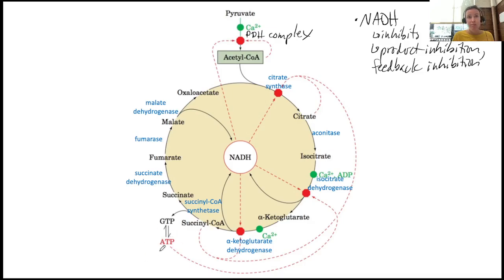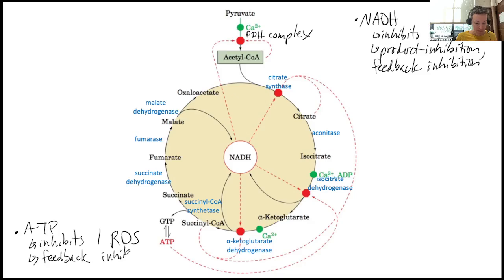What else are we seeing here, folks? We are seeing that ATP is an inhibitor. ATP is not a direct product, I should say, of the TCA. However, GTP is. ATP goes back and inhibits isocitrate dehydrogenase. It inhibits one of the rate-determining steps, and since it's not a product of that, it's likely feedback inhibition.